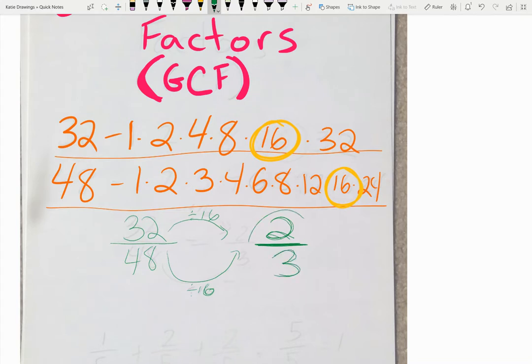So I can simplify the fraction 32 over 48 into the new fraction 2/3.